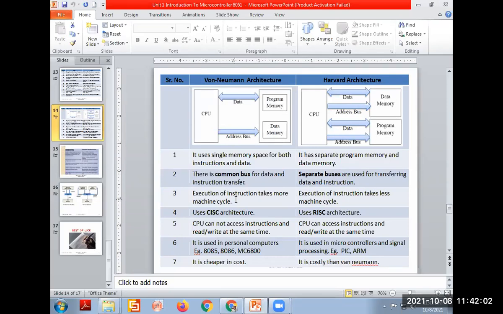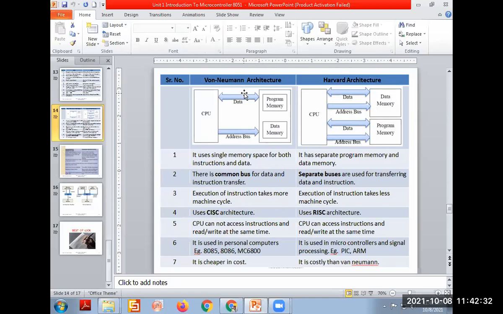Then execution of an instruction takes more machine cycles. Why? Because it comes under the CISC family, since it has the common control bus, that is data and address, for both memories. But in case of Harvard, we have a separate data bus, so that is why it requires less time for execution, meaning fewer machine cycles are required for execution. Von Neumann uses the CISC architecture, meaning instructions belong to the CISC category.